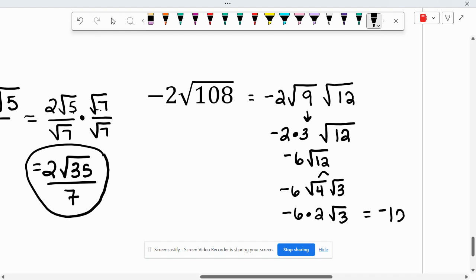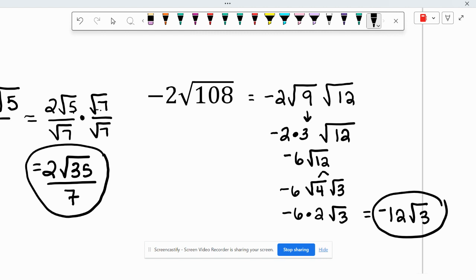It's -12 square root of 3. All right. 108 is divisible by 36. If you guys saw that, I don't know if any of you did, if any of you tried dividing it by 36.